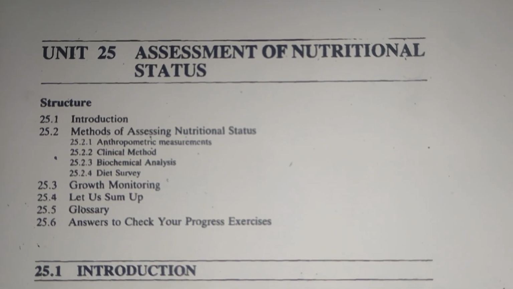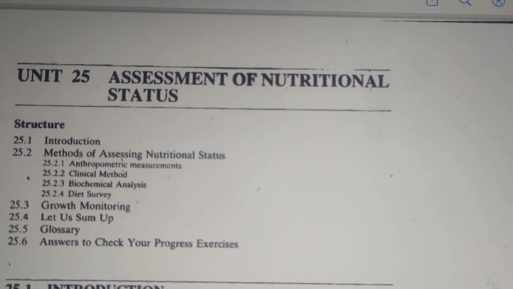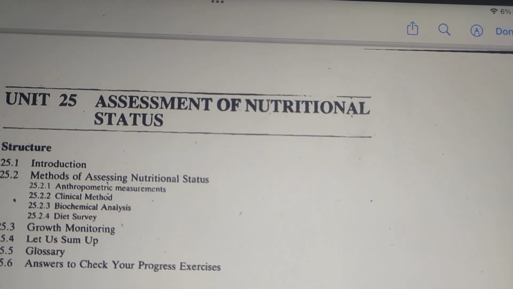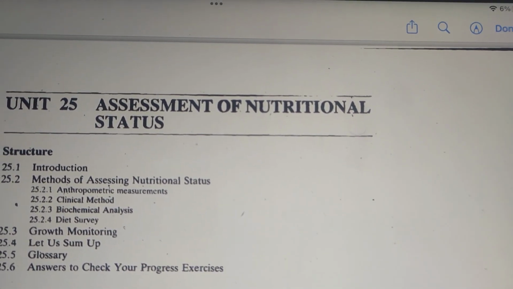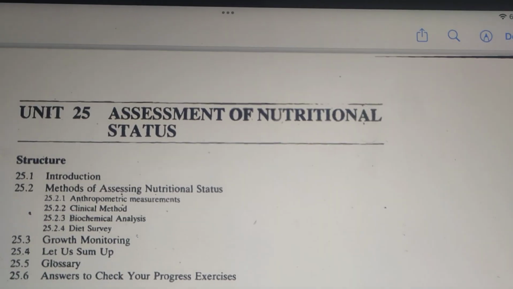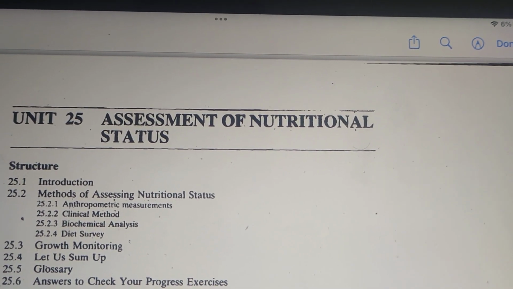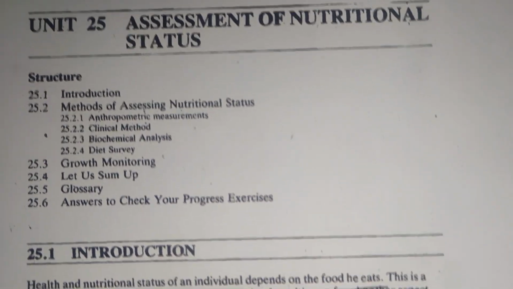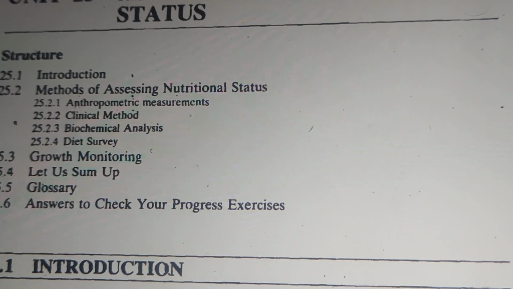Okay, so first, appraisal of the individual according to the science could be the way of assessing nutritional status. So what are the other ways of finding the nutritional status?